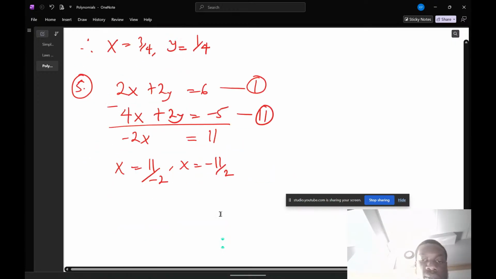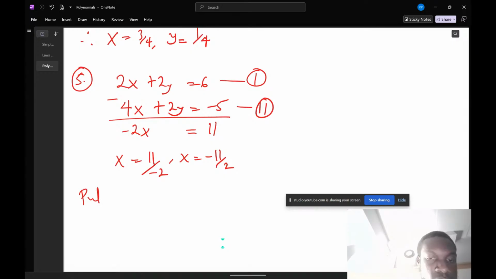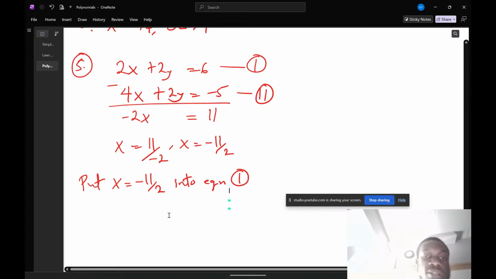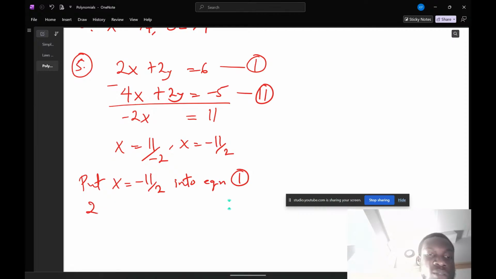Okay. So now let's put x is equal to minus 11 over 2 into equation 1. So that will be 2 into minus 11 over 2 plus 2y is equal to 6.